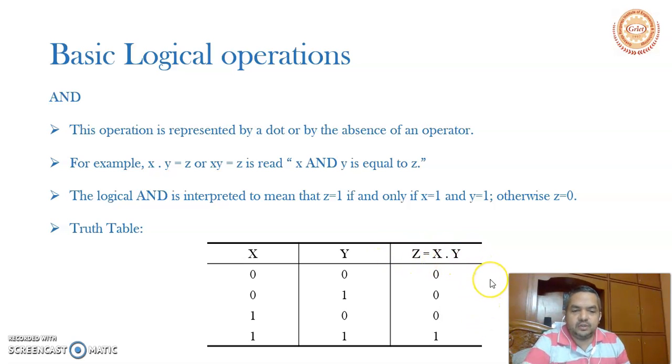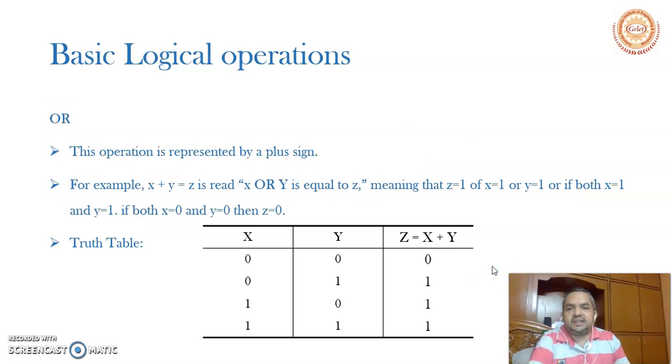From this truth table, the definition is: the output of the AND operation is high if and only if both inputs are high. So when x is equal to 1 and y is equal to 1, output is 1. In all remaining cases, for the AND operation the output is low.